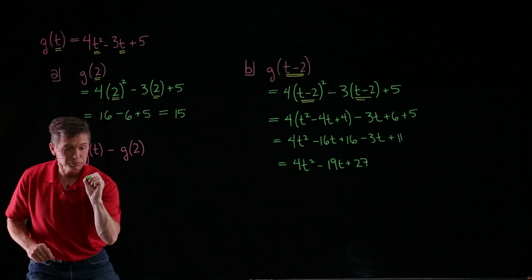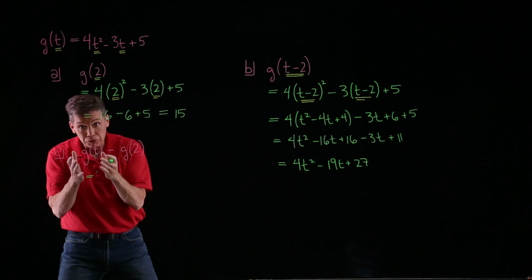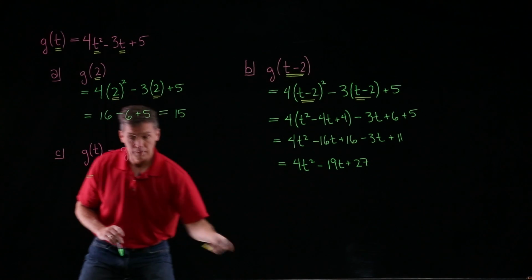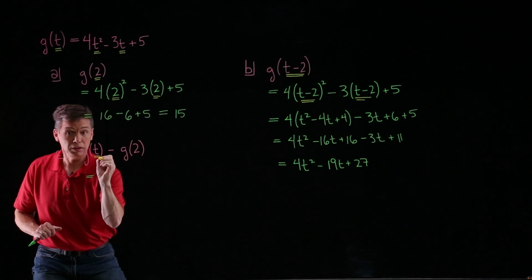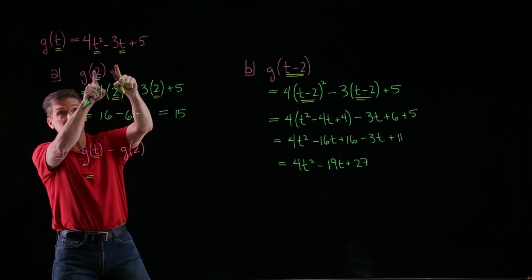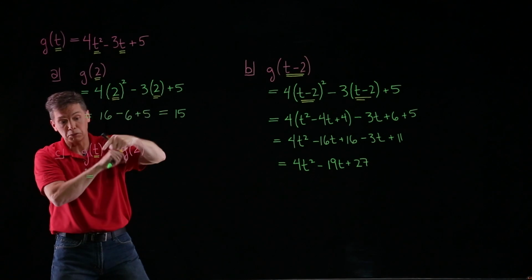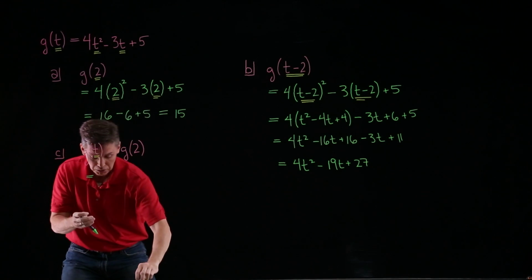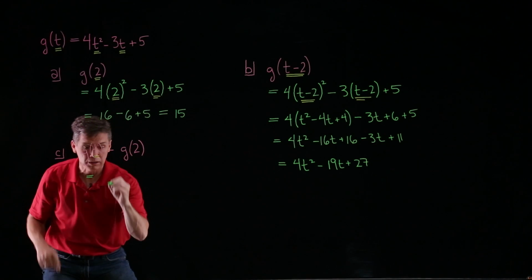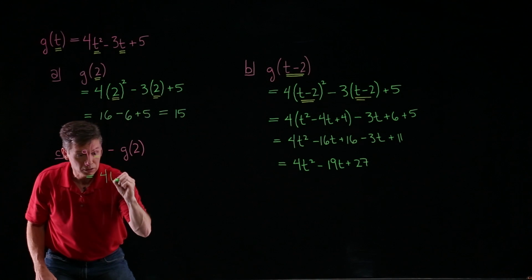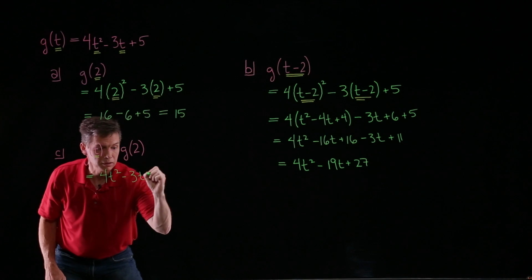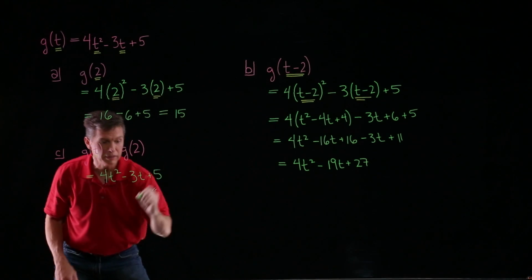This will equal, and I don't know how slowly I need to go with this first one. G of t, my argument is t. It's exactly the original function. And technically, you could be putting that argument of t in wherever you saw t, but it's the same thing. So this ends up looking exactly like that given 4t squared minus 3t plus 5.